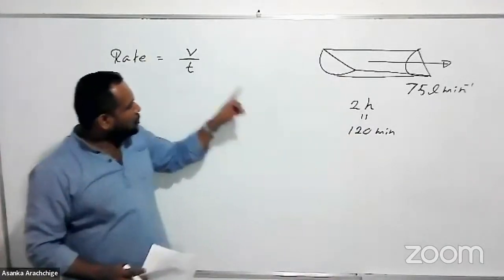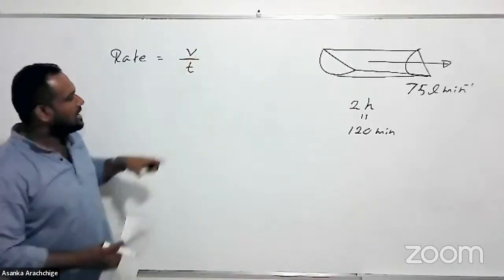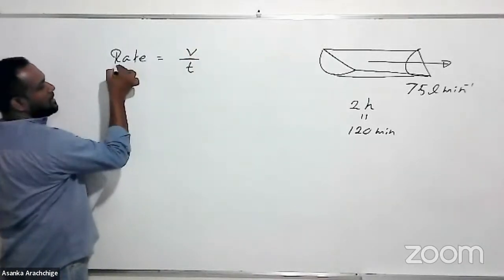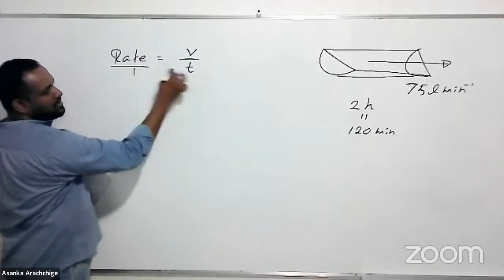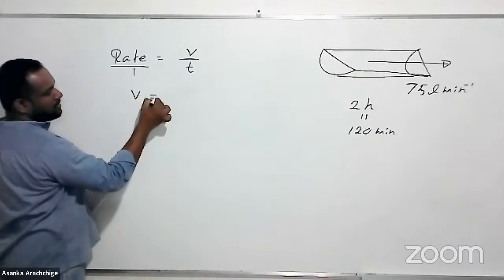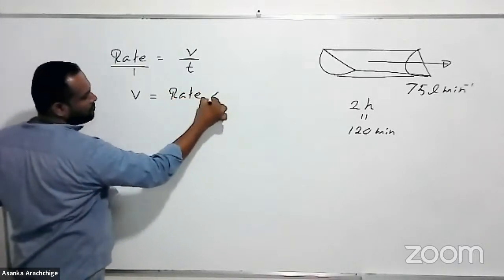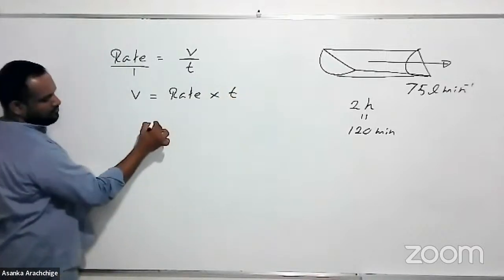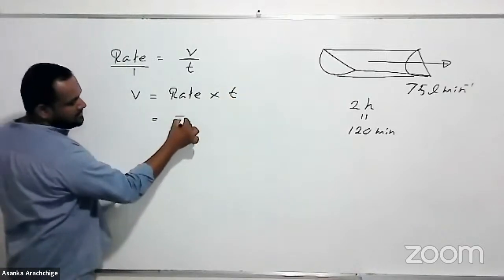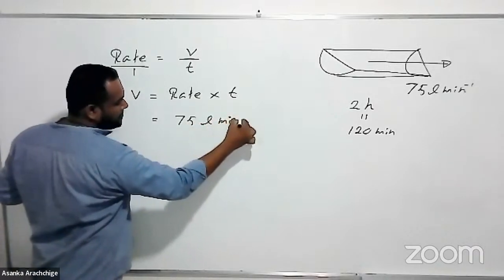Now you have to make V the subject in the formula. You can make V the subject by doing the cross multiplication. 1 into V equals rate into time. What is the rate today? 75 liters per minute.